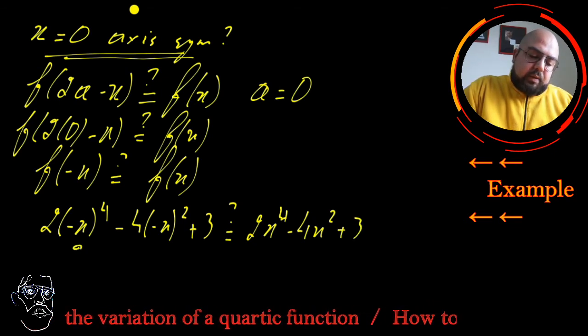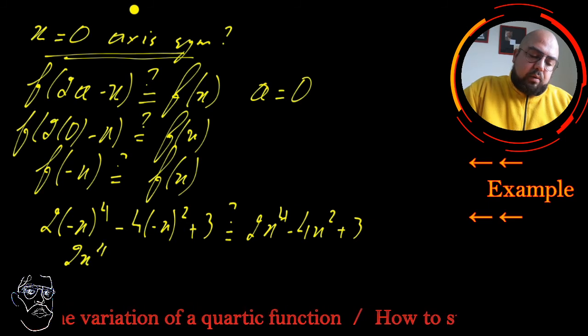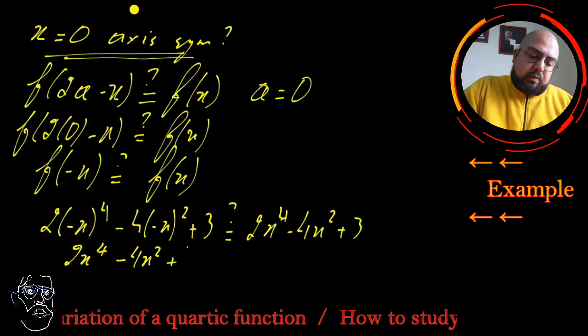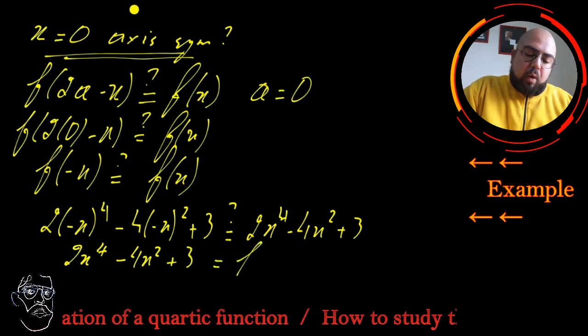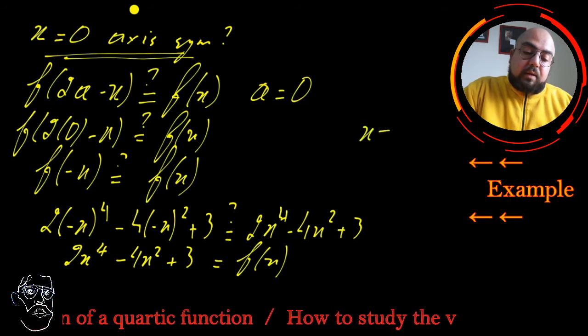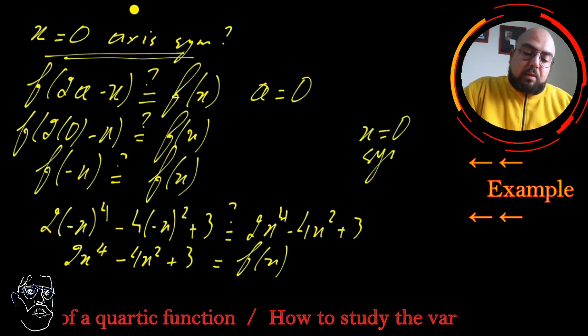Yes, in this case we can say it's the same. 2x^4 minus 4x squared plus 3 is equal to our function. That's why we can conclude that x is equal to 0 is an axis of symmetry.